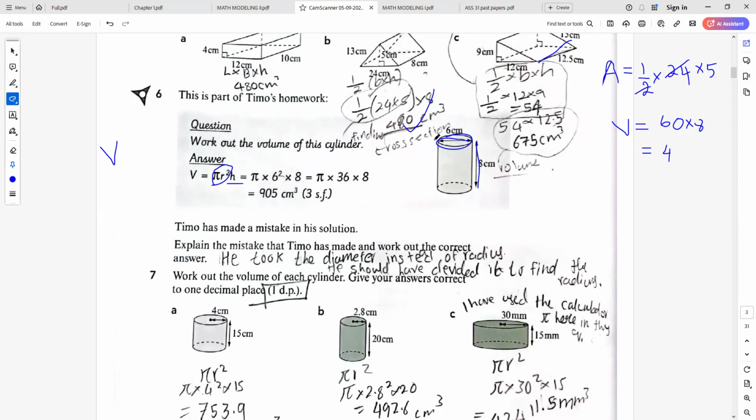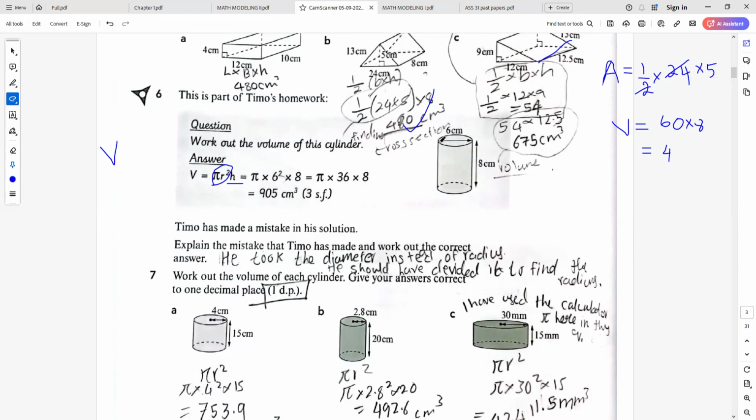Now here you see radius is not given. I think there should be a mistake here. Let me check. Here the diameter is given, right? So since the diameter is given, they have substituted wrongly. Okay. So here r is not 6.